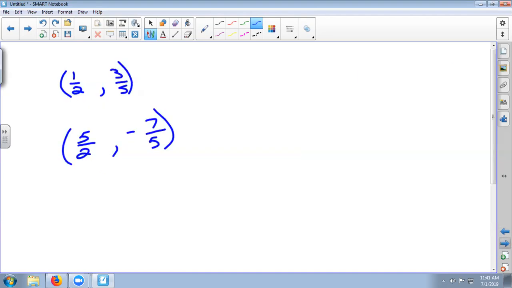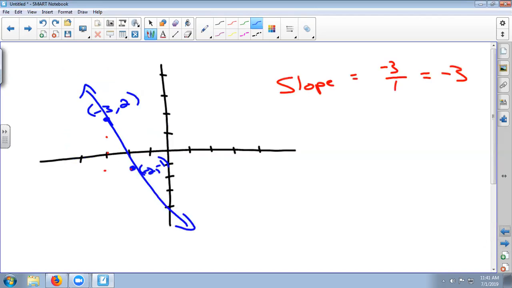We have a formula, and that formula is based on this: how far down you went, how far over you go. Can anybody tell me what point this right here is? -3, -1. Okay, here's how we are going to do the slope.